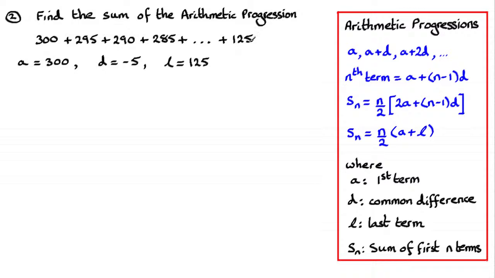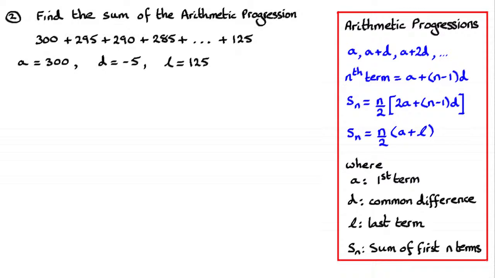So when it comes to the sum of the arithmetic progression, all I need to do is turn to this formula here, Sn. We want to figure out how many terms we've got, so that is our problem in using that one.